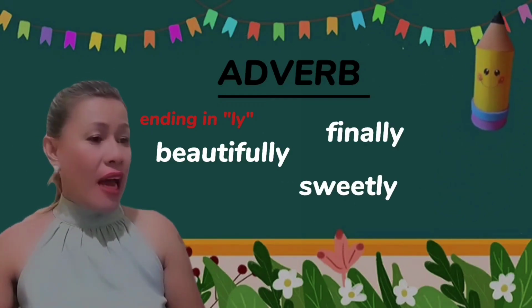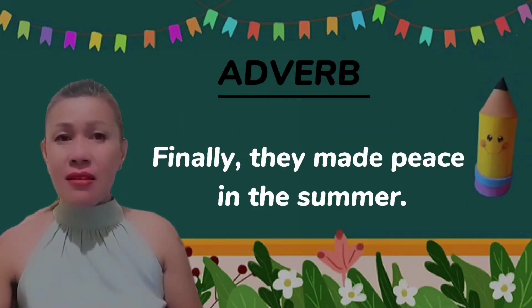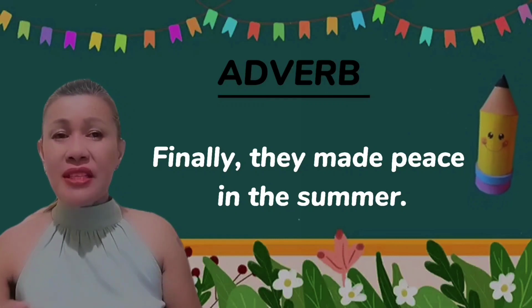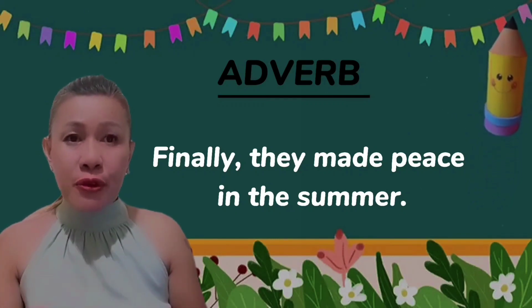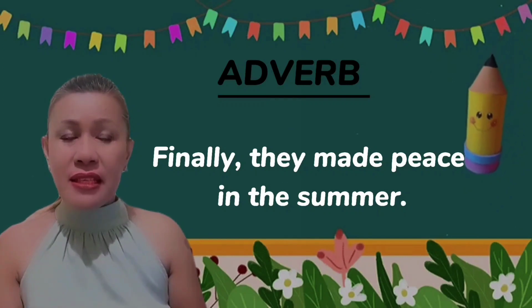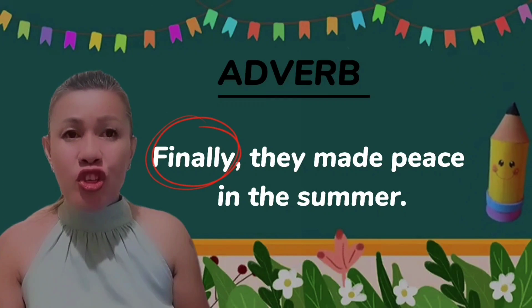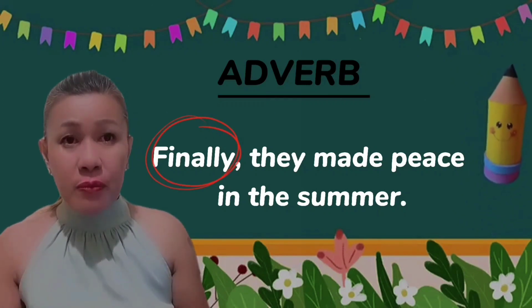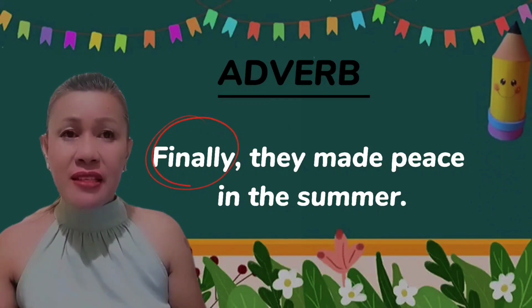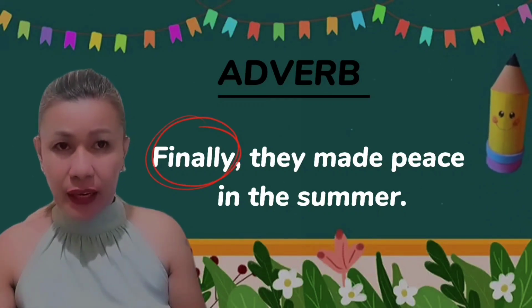So here, I have an example. Finally, they made peace in the summer. So instead of our subject, they, beginning our sentence, we have a sentence beginning, finally, which is an example of an adverb. So an adverb can begin your sentence so that you have variation to your sentence beginning.